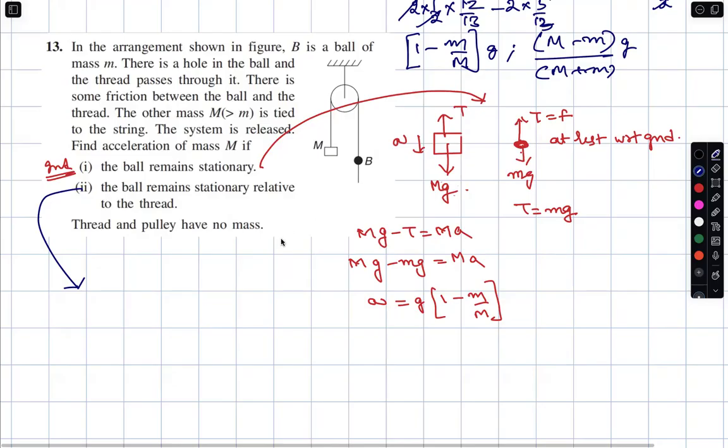Then you know what is the acceleration of that system. So in this case, what is going to be the acceleration? Capital M minus small m by capital M plus small m times g. Done. Any doubts? Boys and girls, are we clear?